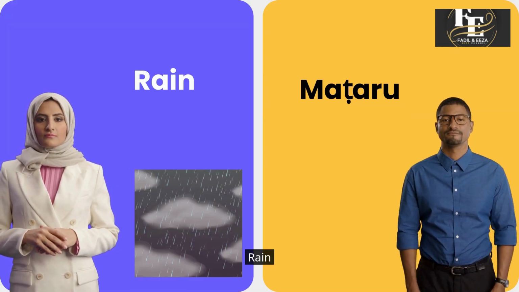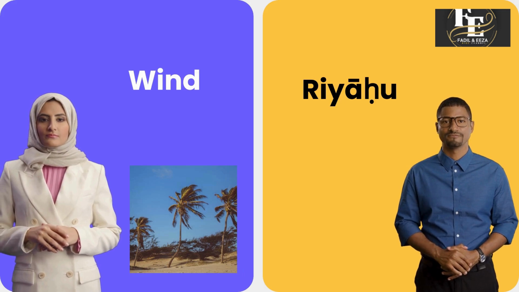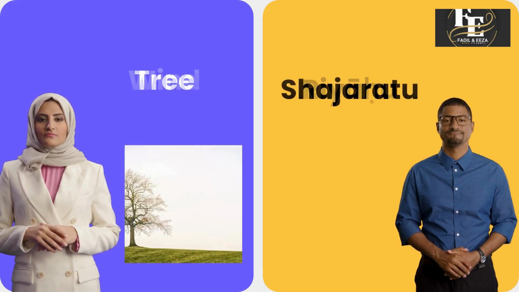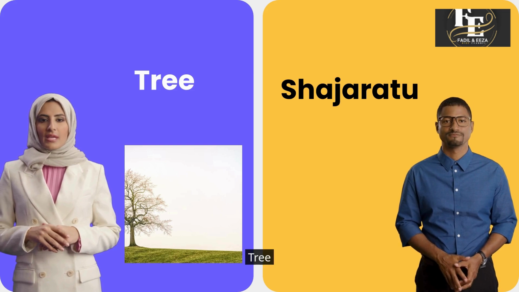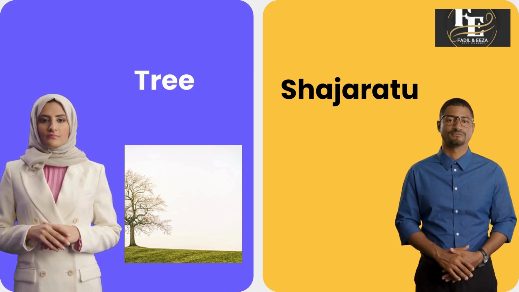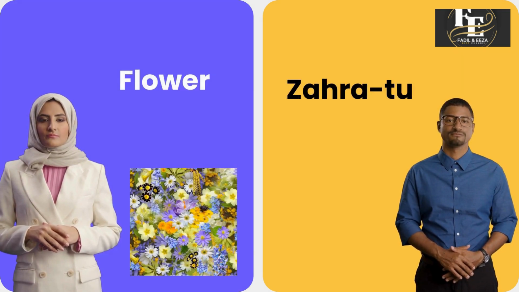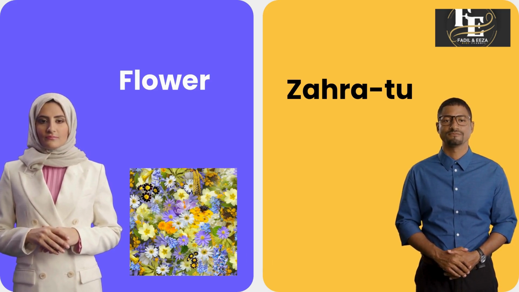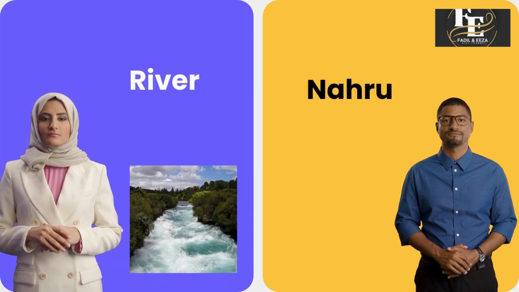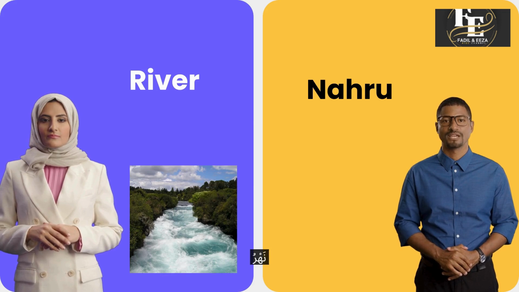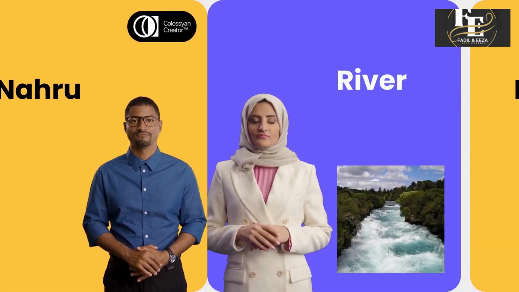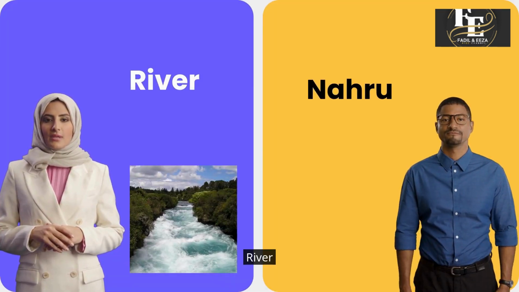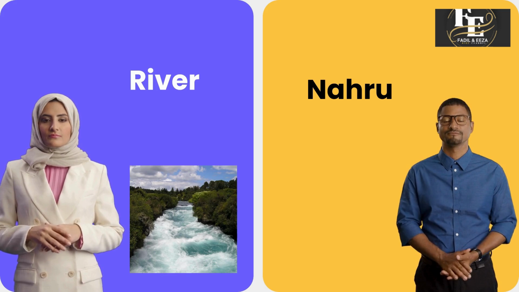Rain, مطر. Wind, رياح. Tree, شجرة. Flower, زهرة. River, نهر.